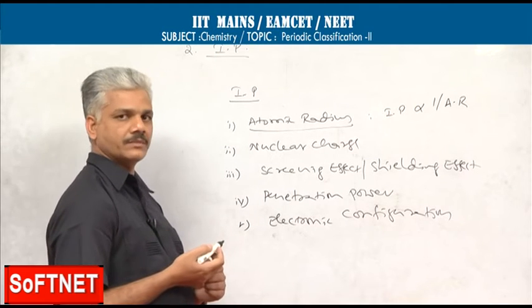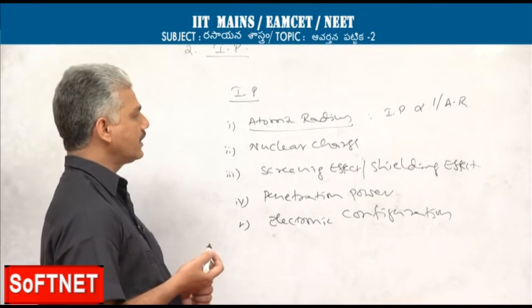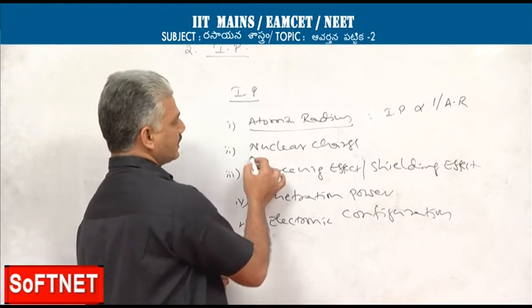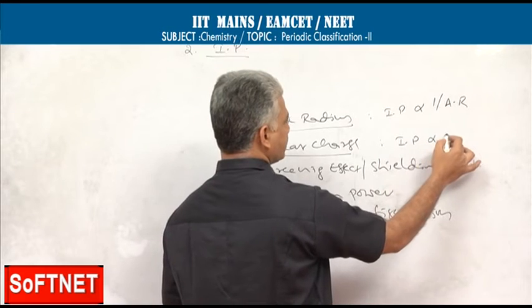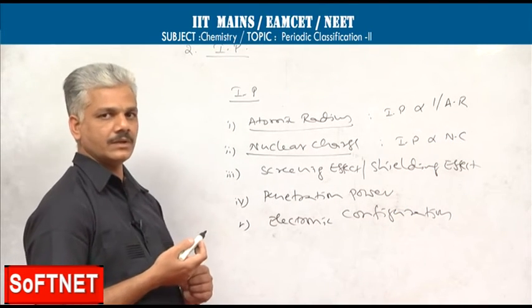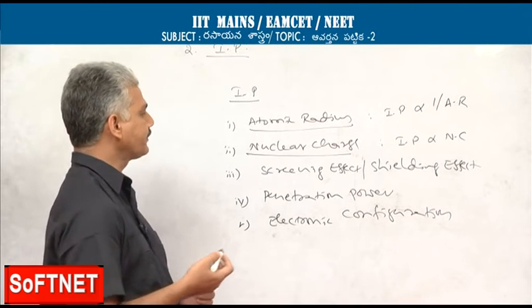With increase in the number of protons, nuclear charge increases and hence nuclear force of attraction also increases. Hence, with increase in nuclear charge, ionization potential always increases. Therefore, ionization potential and nuclear charge are directly proportional to each other.